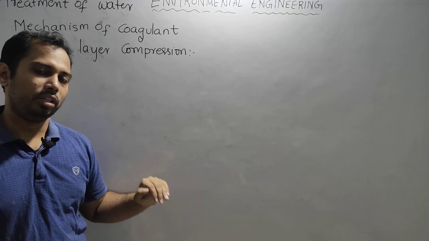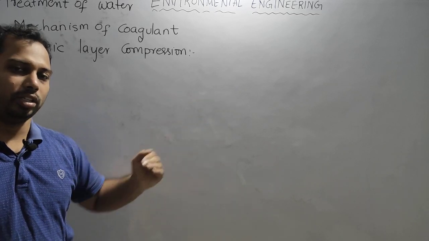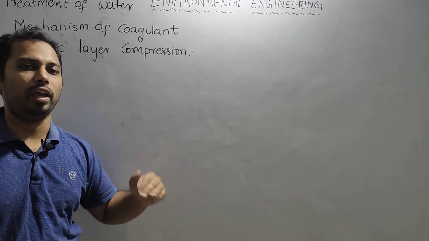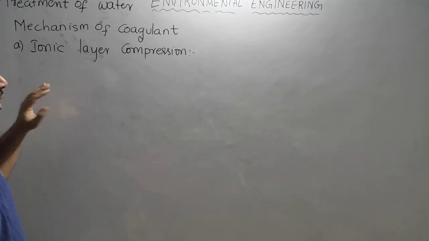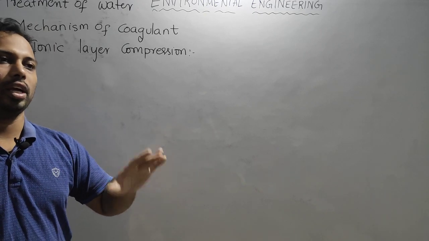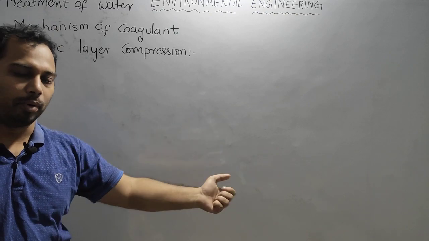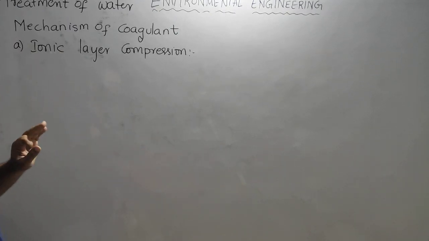Before addition of coagulant, that role is played by the water. After addition, the coagulant will take care of it. So the concept is ionic layer compression: bringing the negatively charged particles together by some positively charged particle.